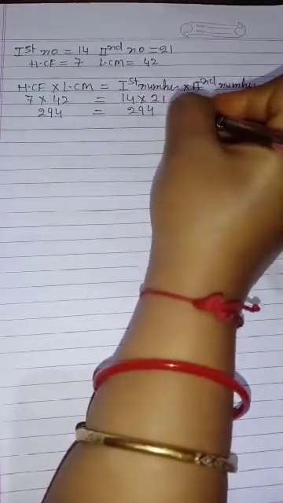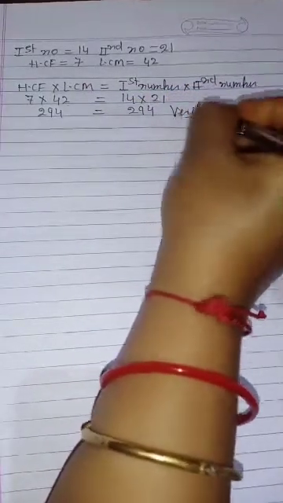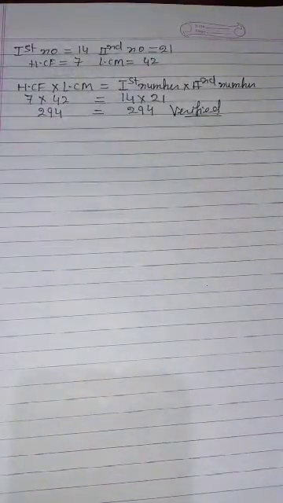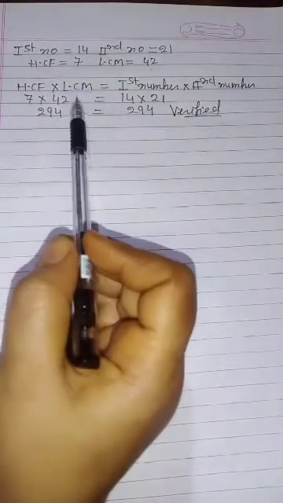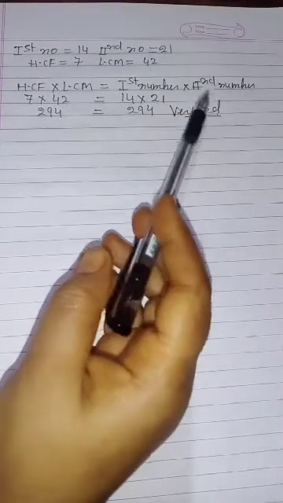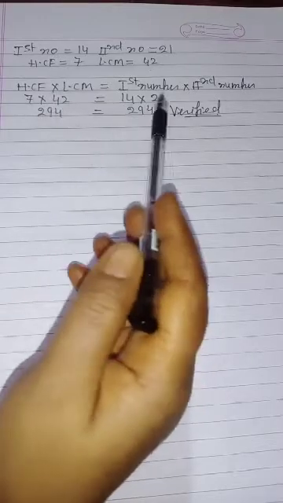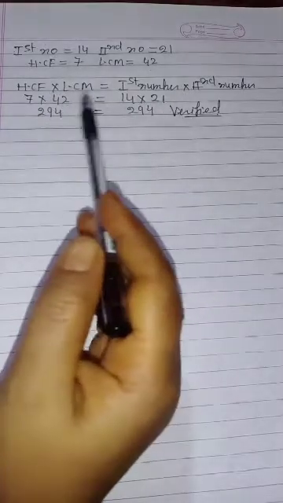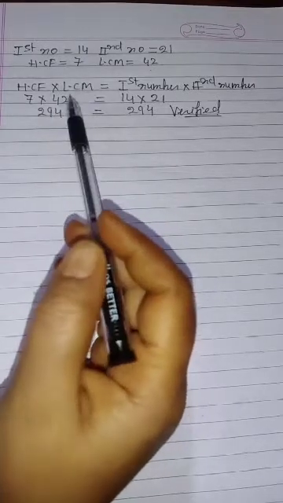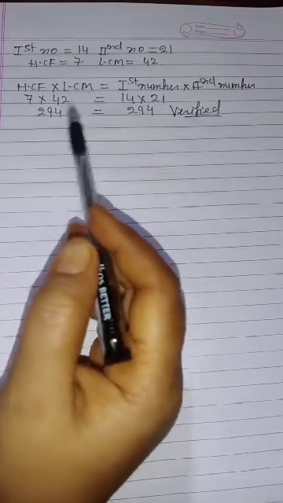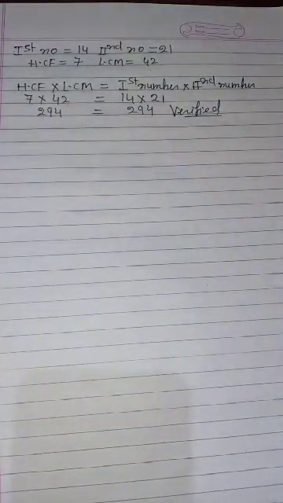So it is verified that the product of HCF and LCM and the product of the first number and second number are coming out equal. The same thing was given in your question: find the HCF and LCM of the given numbers and satisfy the property. With the help of the property we are doing the question. Now you have to satisfy the property, that is, for these given numbers this property will be true. So we have verified it.